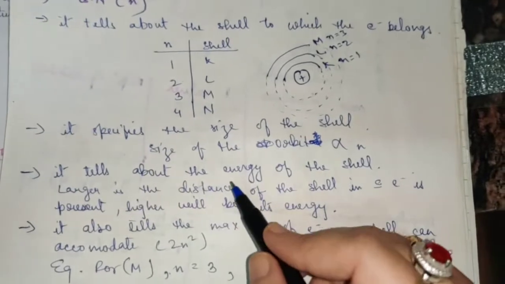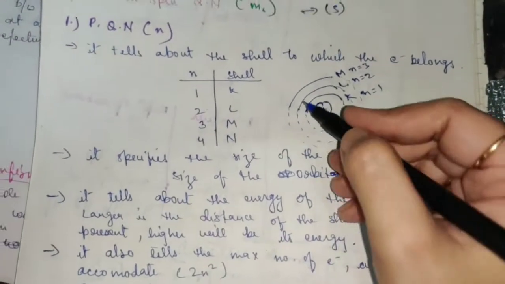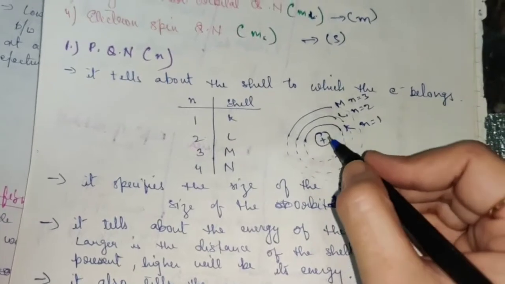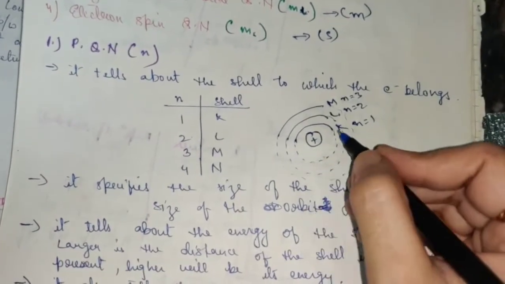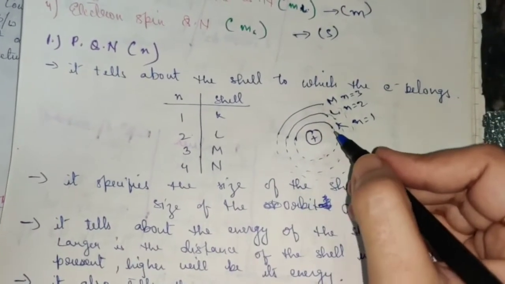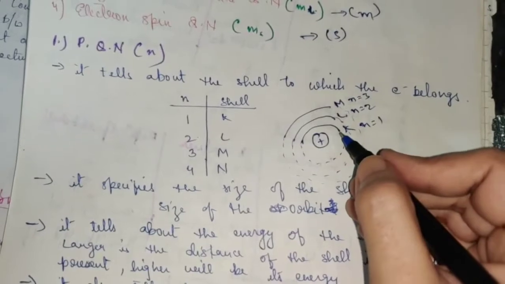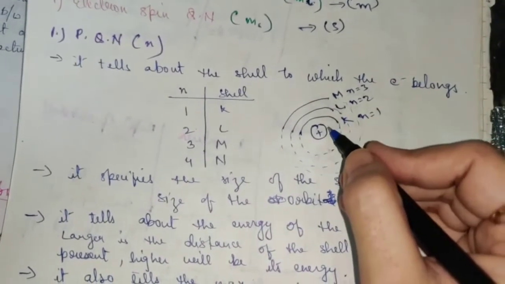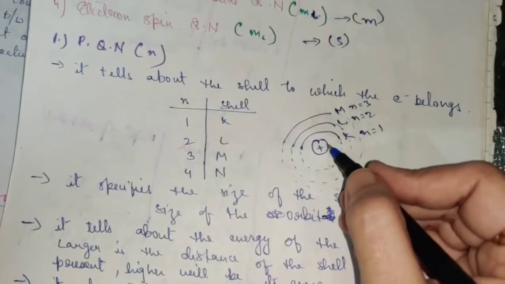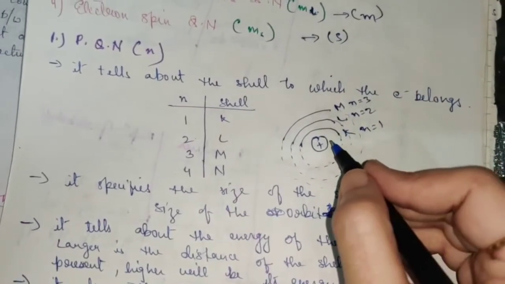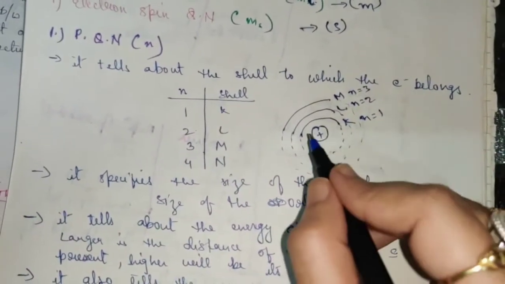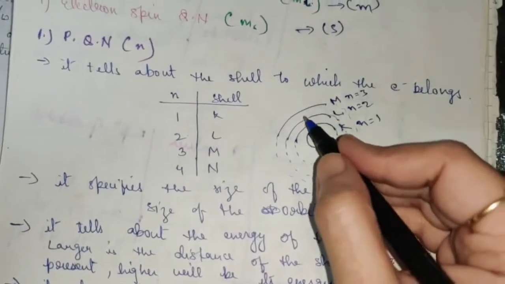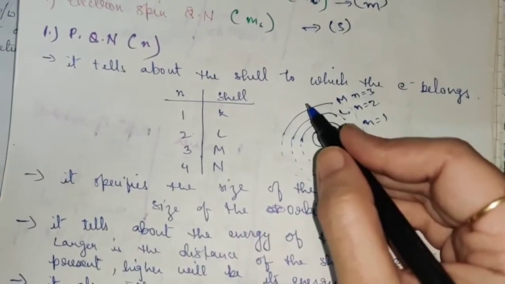It tells us about the energy of the shell. As I told you in my previous sessions, children, the electron which is present closest to the nucleus has the lowest energy, and it is the most stable because it is directly connected to the nucleus and held by a strong electrostatic force of attraction. But as you move away from the nucleus, the energy increases and stability decreases.